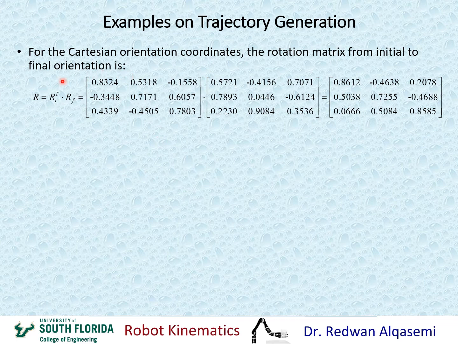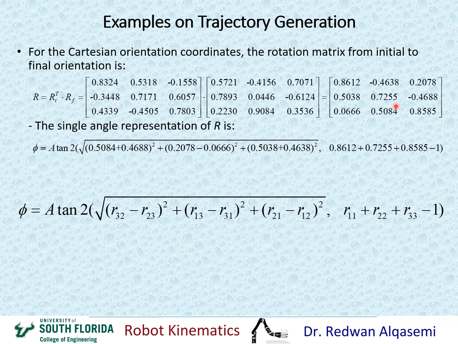The initial to final orientation rotation matrix would be defined as R initial transpose times R final, both of which are given. So this is the transpose of R initial, and this is the R final. Both of them are taken from T initial and T final. And upon multiplying these two rotation matrices, I can find the rotation matrix between the two rotation matrices here.